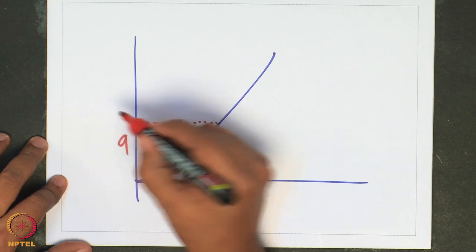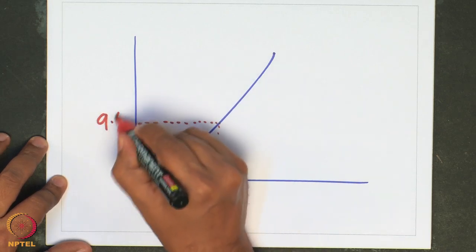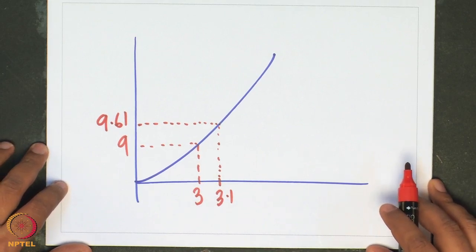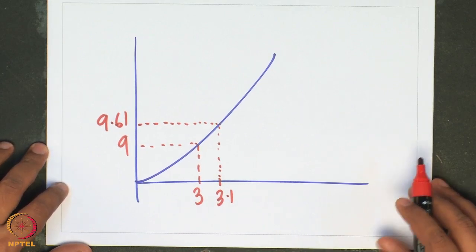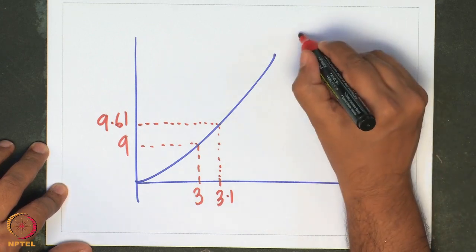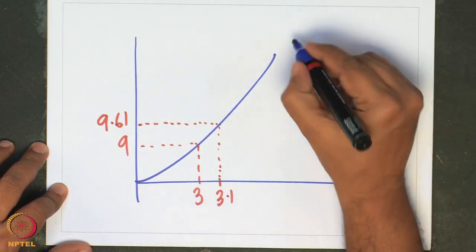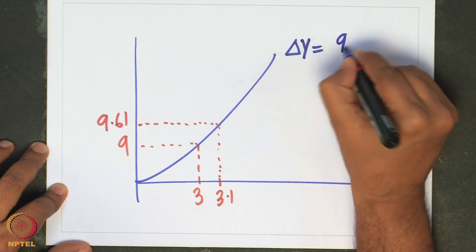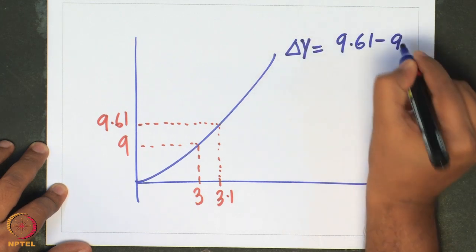It is 9.61. So my delta y is 9.61 minus 9.